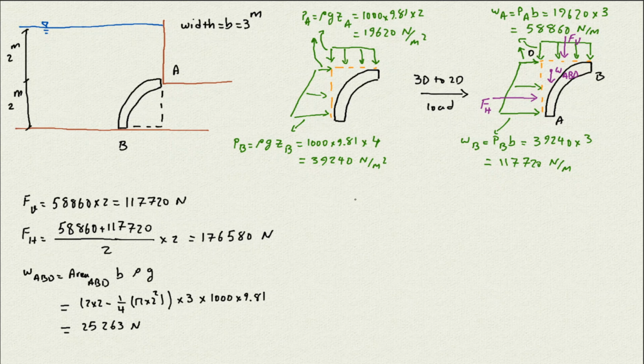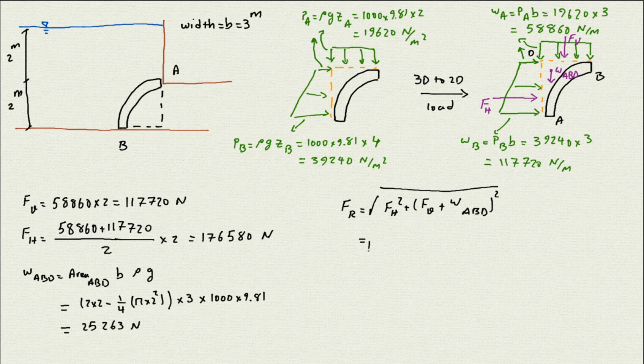Then we know that the resultant force is the square root of FH squared plus FV plus W_ABD, squared.